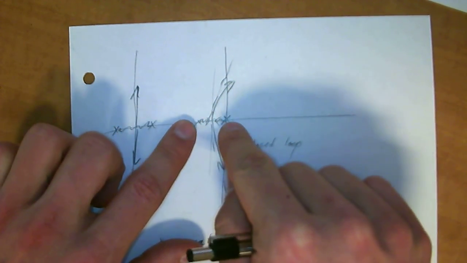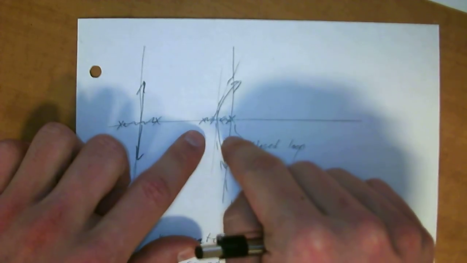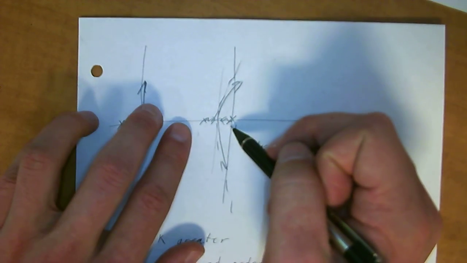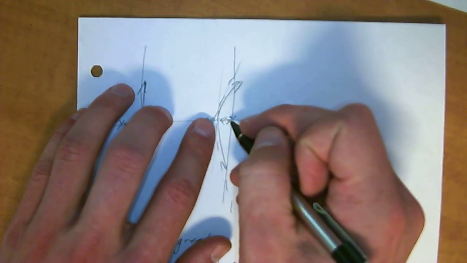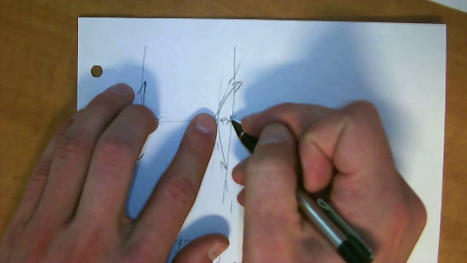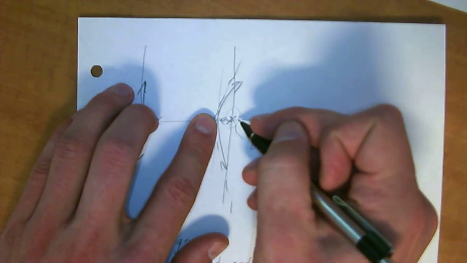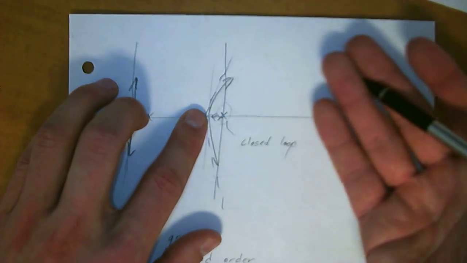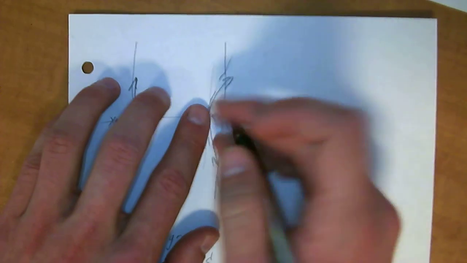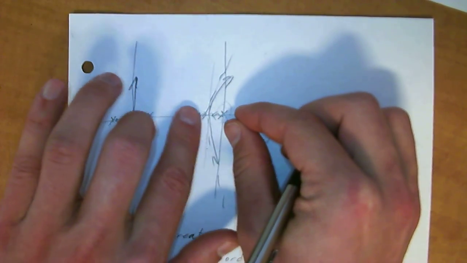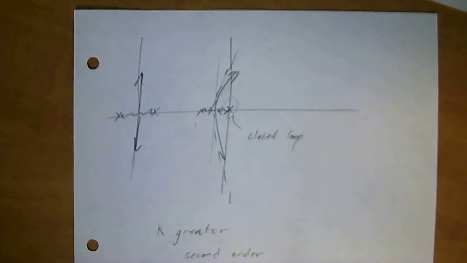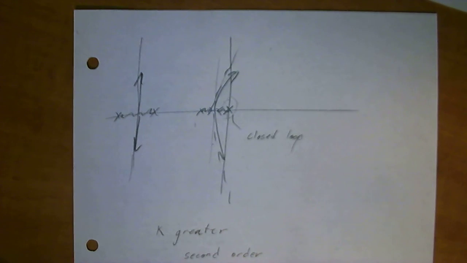In this case, depending on how far apart these two poles are spaced, you're going to almost model it as a first order system, because as these get closer and closer to these poles, you can ignore this pole and just imagine the response at this one right here. So it tends toward a first order response as k gets smaller, because you're focusing more and more on this pole, and this other pole becomes less and less relevant as it moves down the axis. Let's see if I hit everything there.